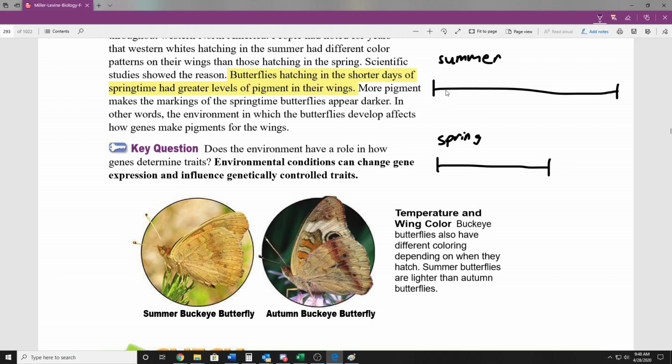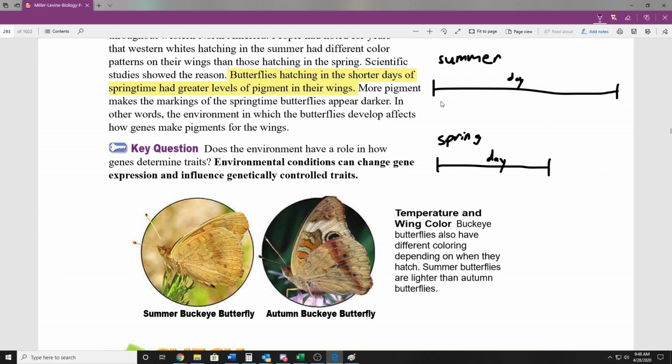It's possible that during the daytime, I'll put daytime right here, the light or the temperature itself deactivates the gene for pigment production. So that gene can only be activated at a lower temperature, or it only activates when there's no light present. So because the days are shorter in spring, there's more time where there's no light, or there's just a lower temperature in general, which causes the gene to produce pigment to activate.